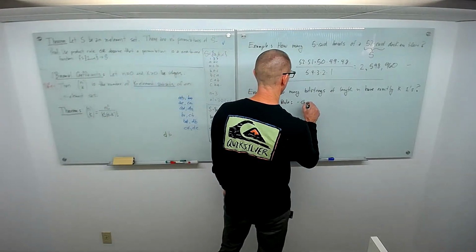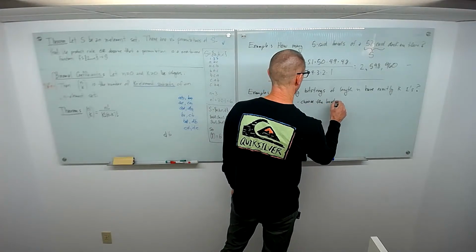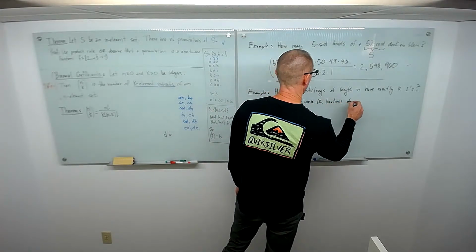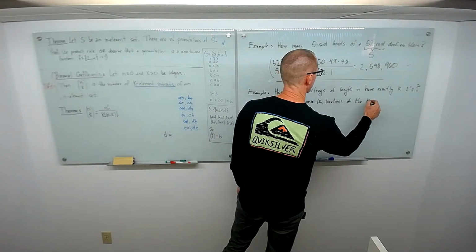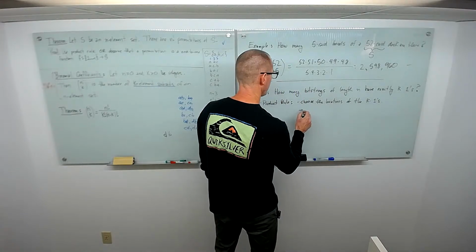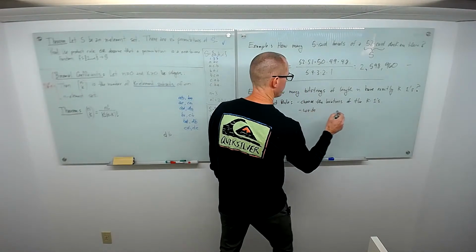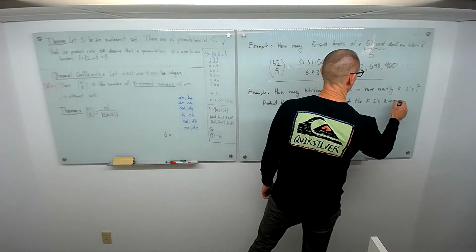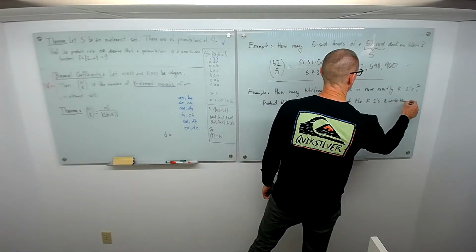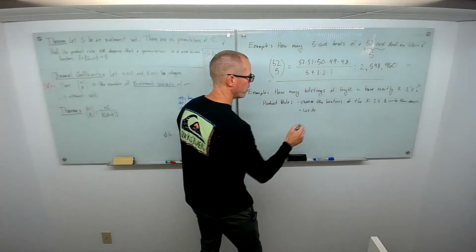First thing you do is choose the locations of the k ones. And the second thing you do is write zeros everywhere else.